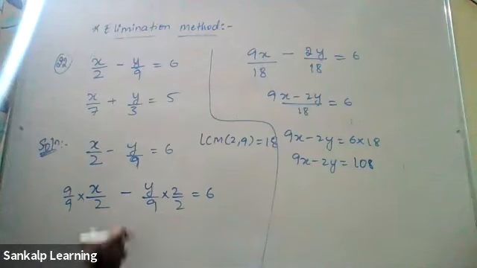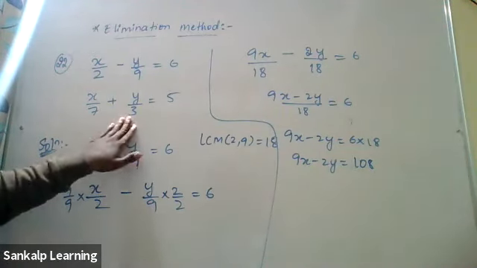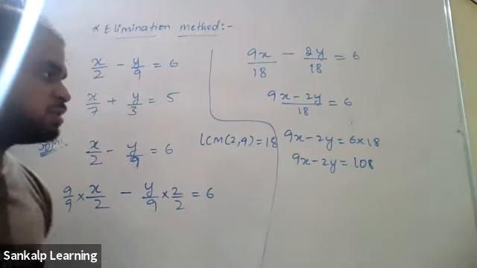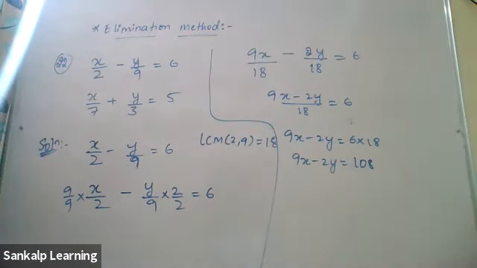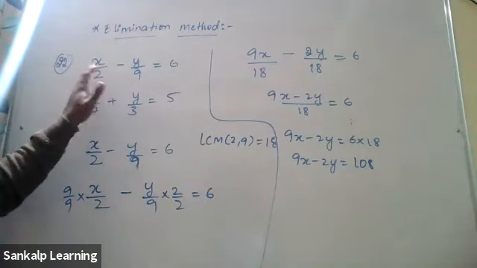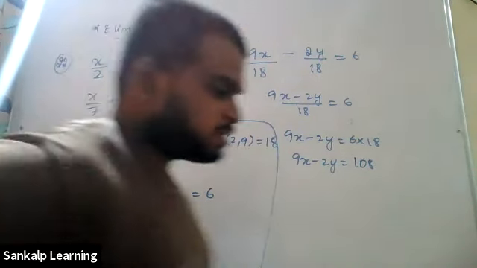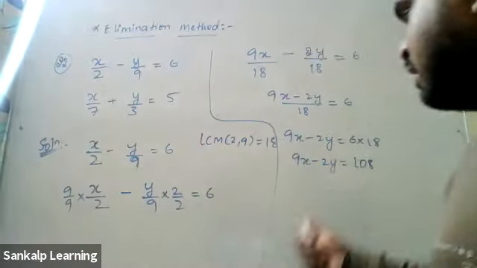Next, take this equation and do the same procedure. Here you got 7 and 3 in the denominator. Take the LCM and do the same procedure. You'll get one more equation. Is that clear for everyone? Here the denominators are in fraction, so take the LCM and get it in the standard form.